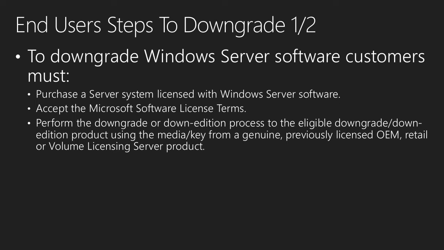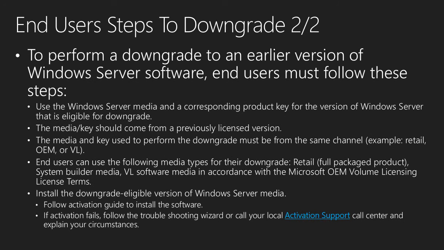Now, as you can see here, there's support for doing this through OEM software, through retail or VL software. But again, remember, it's the customer who needs to provide the product key and the media. When it comes to performing the downgrade, here are the steps that the customer must follow. They need to use the Windows Server media and the product key for the version of Windows Server that is eligible.